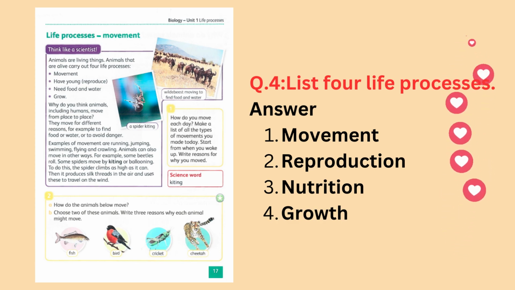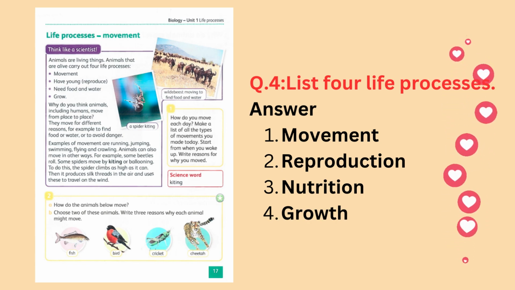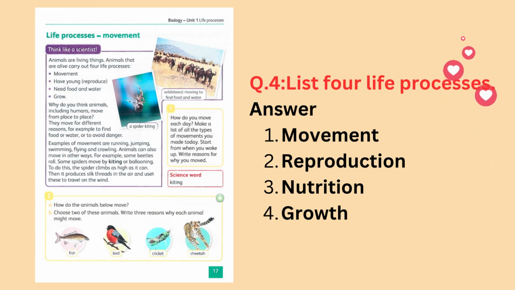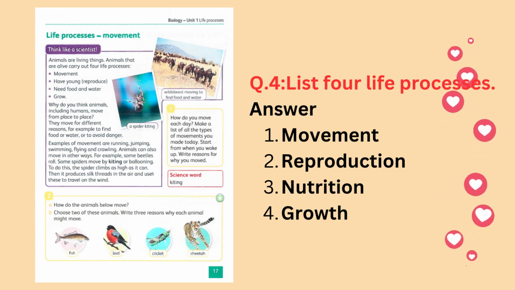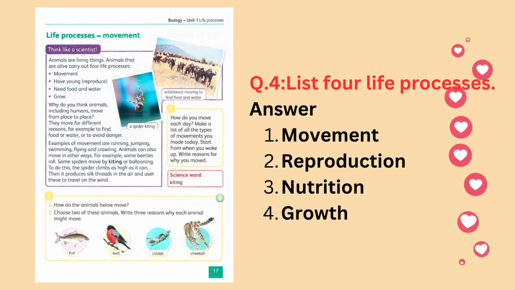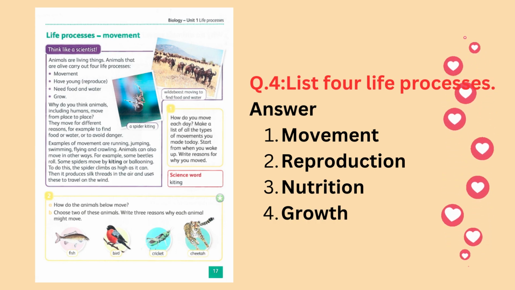So this is kiting, and you can find the meaning in the dictionary as well, which is available at the end of your book. So the science word is kiting, and you can see spider kiting, and other animals moving. How do you move each day? Make a list of all the types of movement you made today. Start from when you wake up.